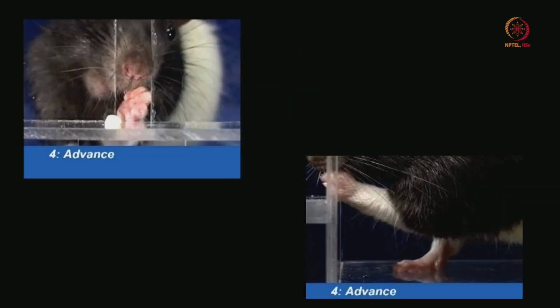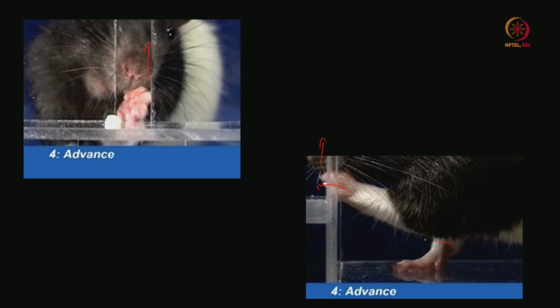Next is the advance. In this step, the rat tries to pass the forepaw into the slit. At the same time, the snout goes up. That is the advance that is happening. It advances its limb by shifting its nostrils upwards so that it makes space for the forepaw to come.